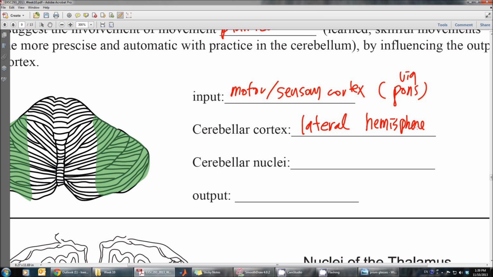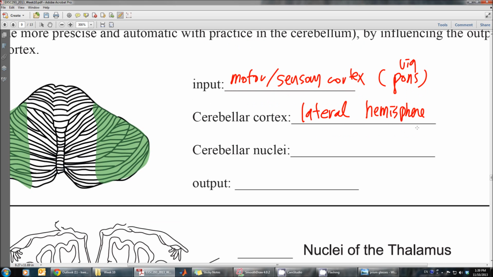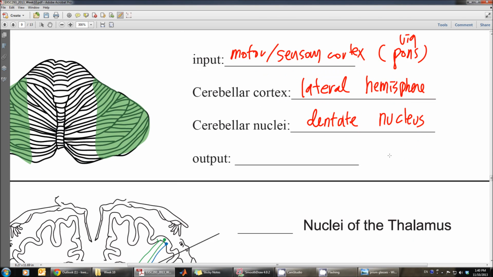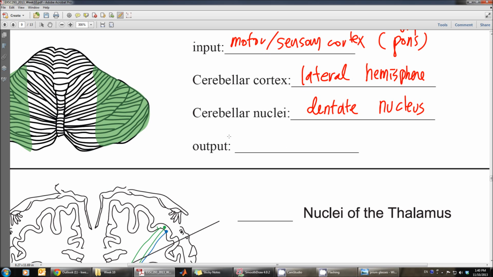Of the cerebellum. The cerebellar nucleus that is laterally located is the teeth-like structure, the dentate nucleus. From the dentate nucleus, the output will go straight into the cerebral cortex.